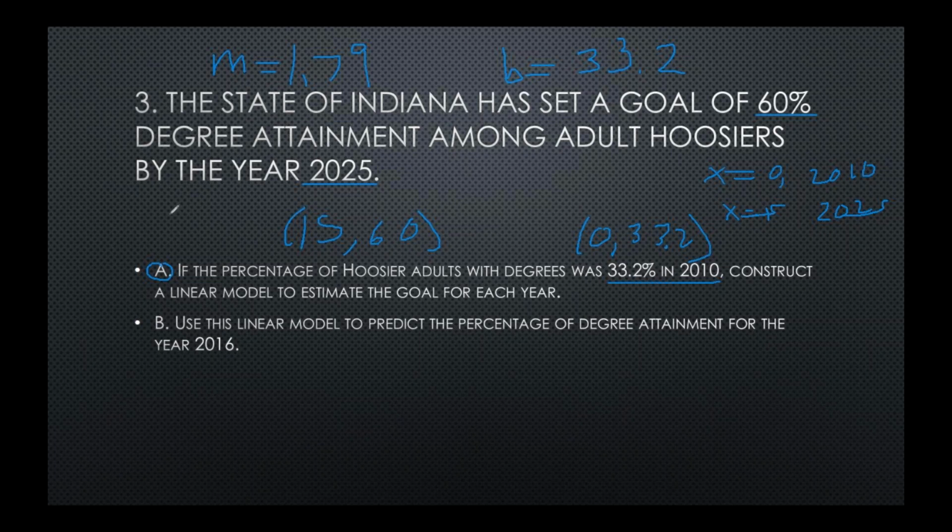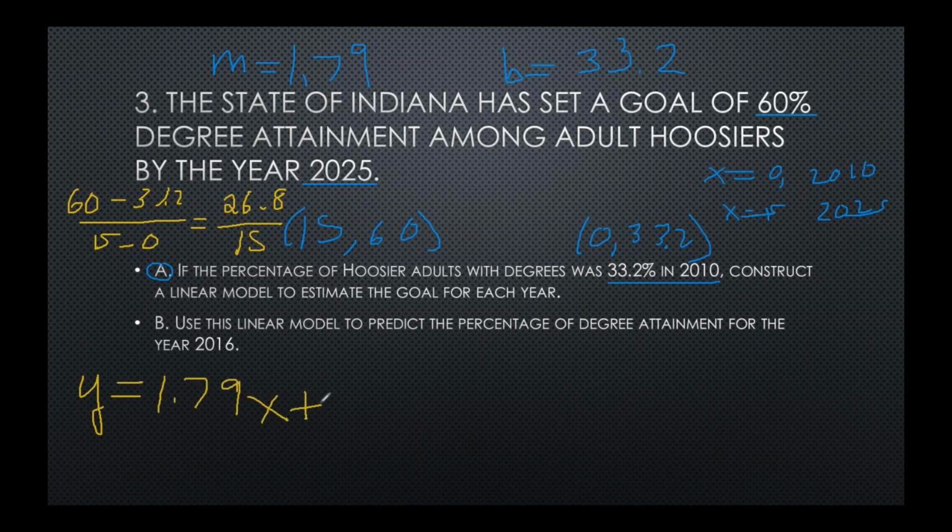Kara's given us the answers, but we're dealing with, right, y value minus y value over x value minus x value. So 26.8 over 15. If you divide that, you get 1.79. So that gives you the model, y equals 1.79x plus 33.2. So now let's go ahead and go to part B.